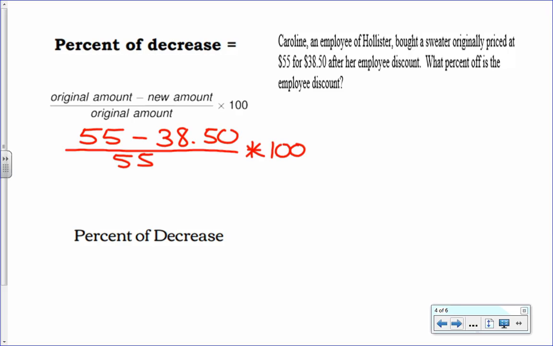When we subtract 55 minus 38.50, we get 16.50, divided by 55, times 100. That is 30%. So we can say the employee discount is 30%.